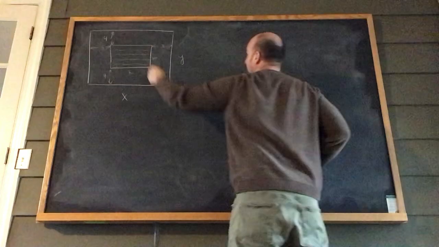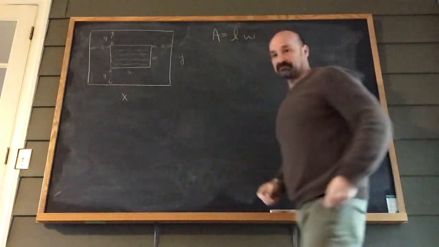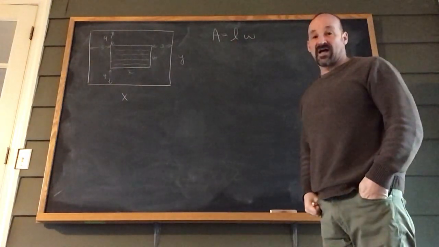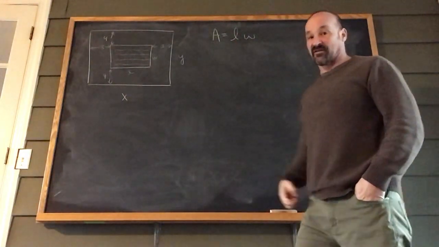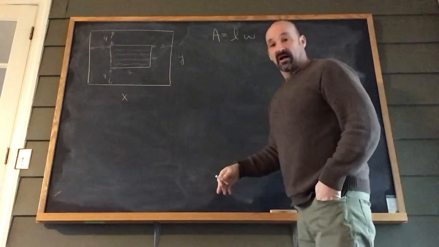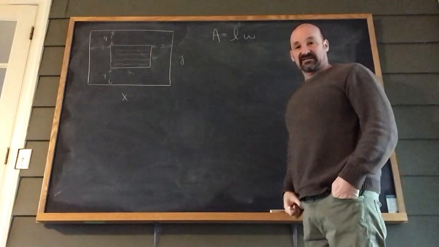So the area of that rectangle is length times width. And so here we have the area written as a function of L and W. We want to write it as a function of just x. So I've got to come up with a way to rewrite L and W in terms of x.